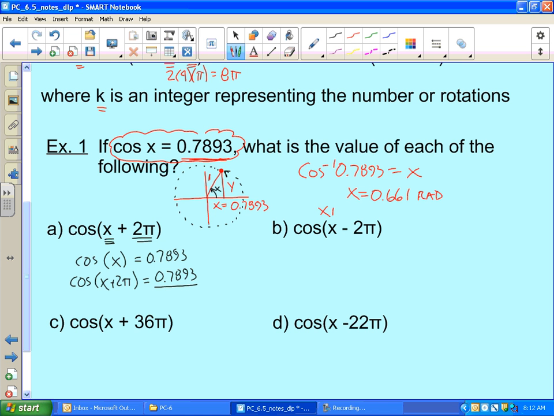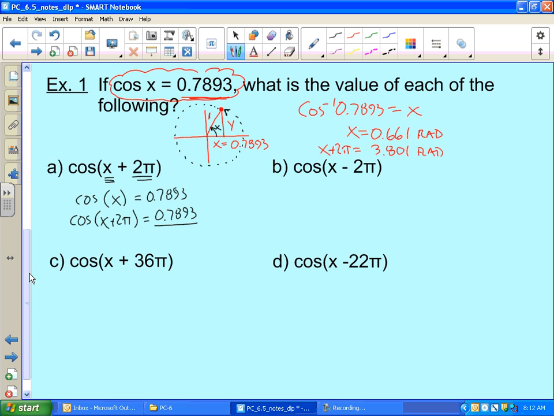So x plus 2 pi would mean 0.66 plus 3.14. And we have 3.801 radians. So now let's just see what would happen if we took the cosine of 3.801.